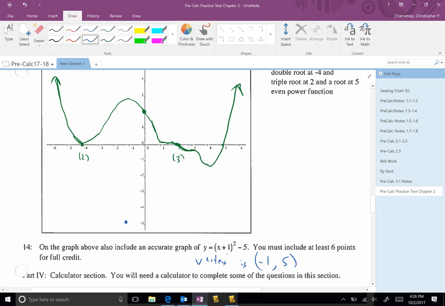We could look at this as x squared with a shift down 5 and a shift left 1. That's one way we could look at graphing this.